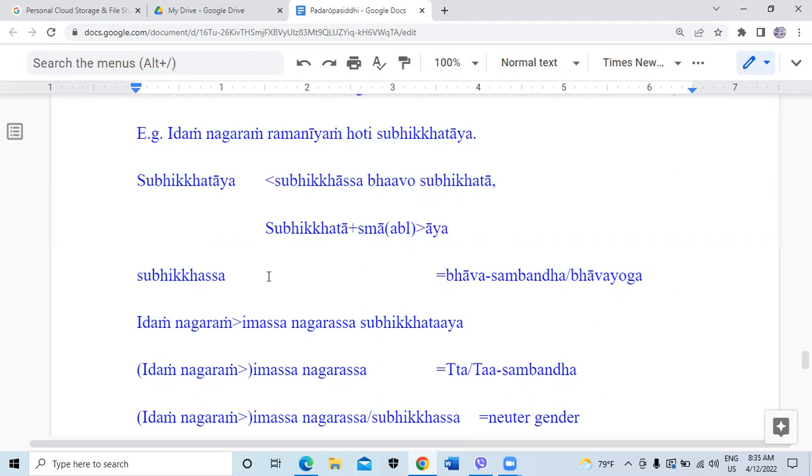So what are you looking for, Sayadaw? To show you the sentences in which subject and subject complement have different genders and different numbers. Okay.